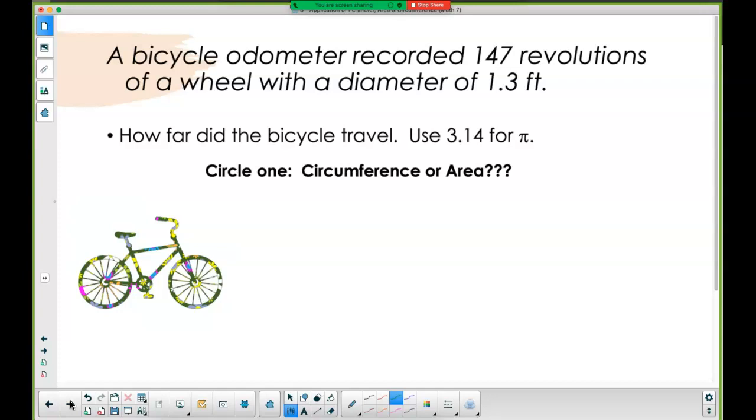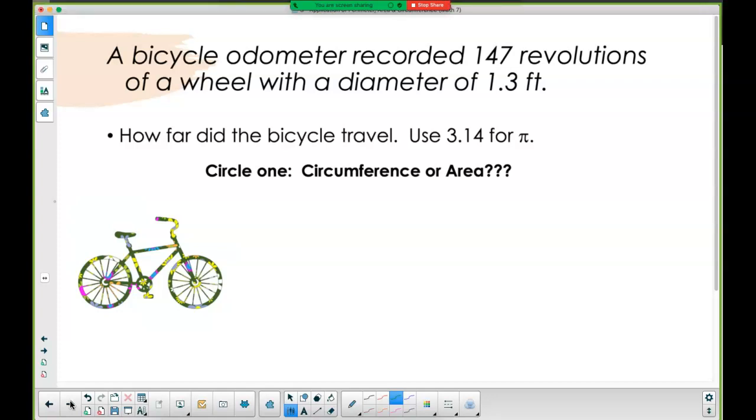Okay. The next one. A bicycle odometer. You guys know what an odometer is? There are odometers on cars and bicycles. Let's finish reading it. Recorded 147 revolutions of a wheel. So what's an odometer? A tracker, kind of, yeah.